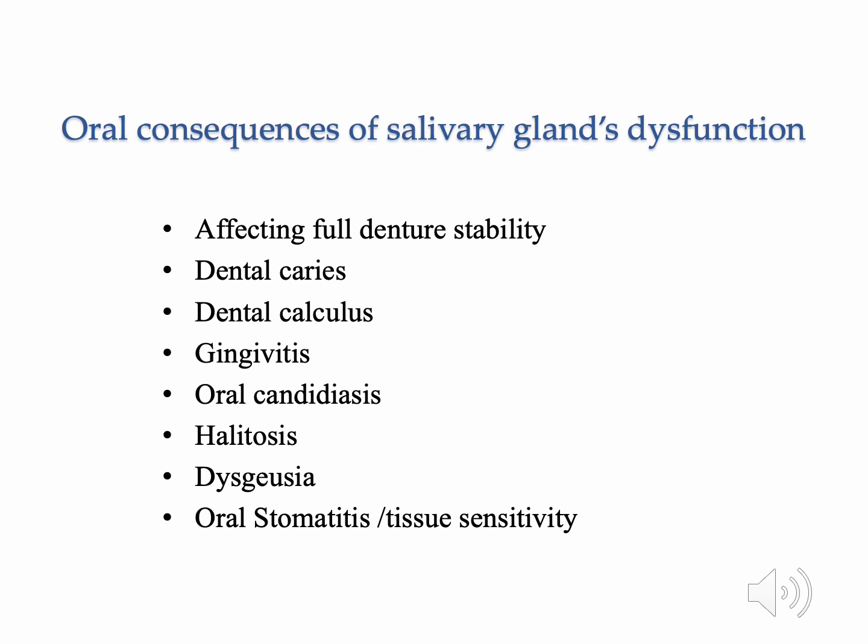The best way to understand the true importance of saliva is to view some of the oral consequences of salivary gland dysfunction. So it can affect denture stability in patients.